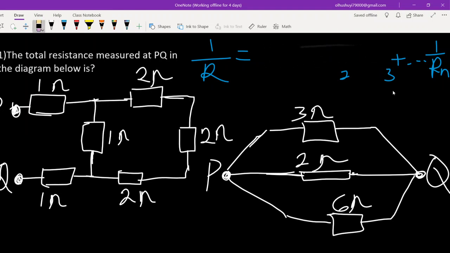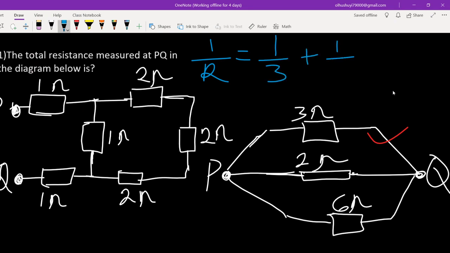So here, our question 1, what do we have? We're going to be having 1 upon 3 plus 1 upon 2 plus 1 upon 6. So you can find the LCM.